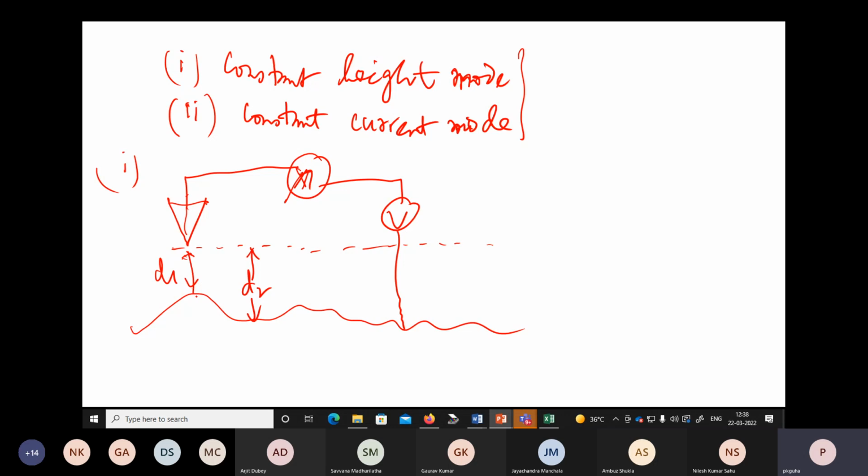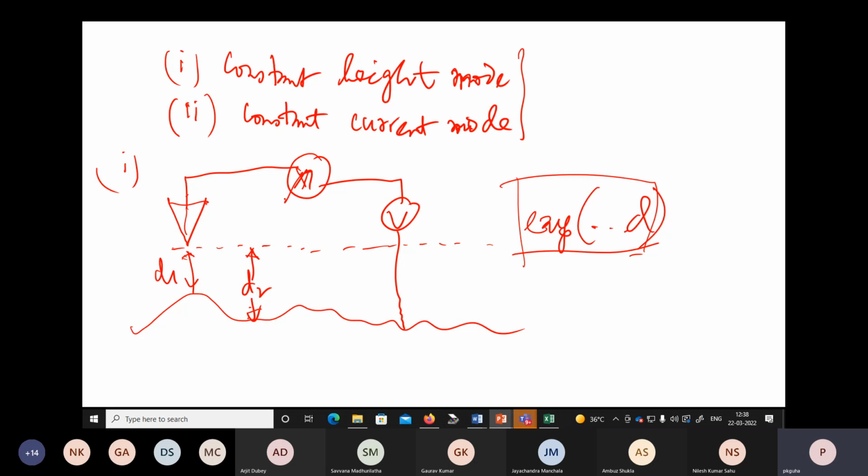If the tip is closer to the surface, the tunnel current is more. If it is away from the surface, the tunnel current is less. It is very sensitive because the tunnel current is exponentially related to this distance, exponential in d, with other parameters as well. So if d is less, we get a lot of tunnel current. If d is higher, we get much lower tunnel current. This exponential term makes the instrument very sensitive.